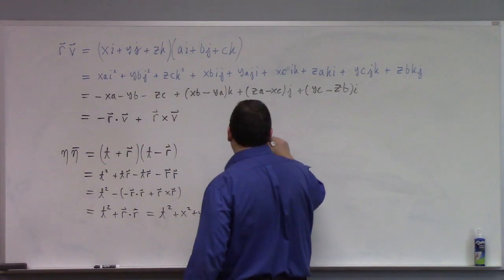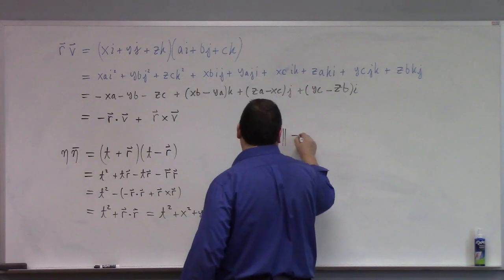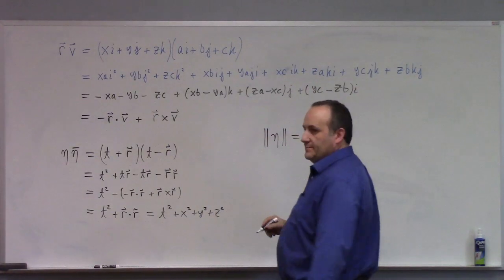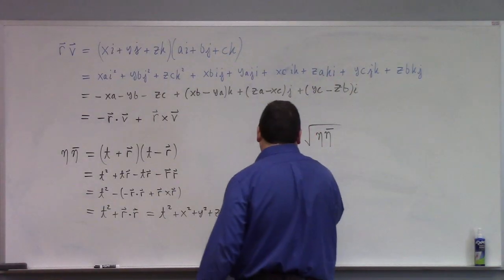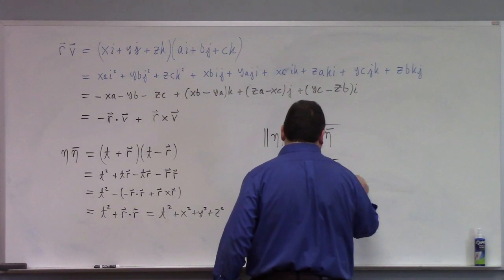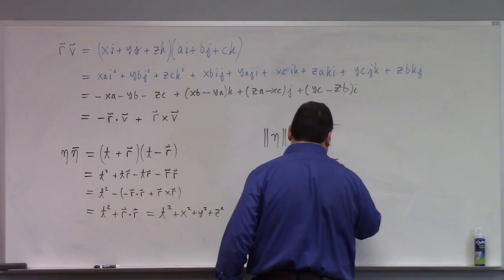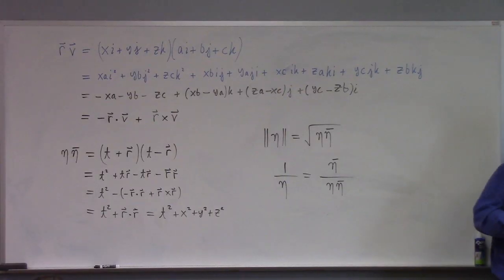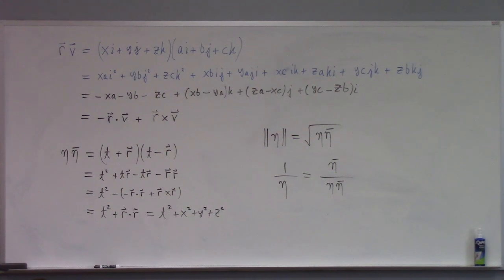So this shows you that the length of a quaternion is the square root of the quaternion times its conjugate. And you can also define 1 over a quaternion to be equal to the conjugate quaternion divided by the quaternion times its conjugate. There is an inverse to every quaternion, multiplicatively speaking, provided that the quaternion is non-zero.